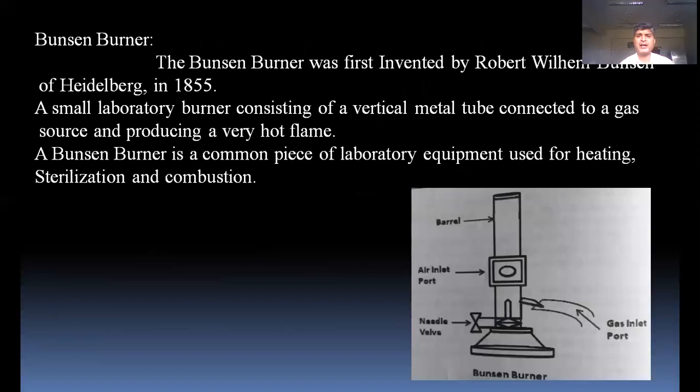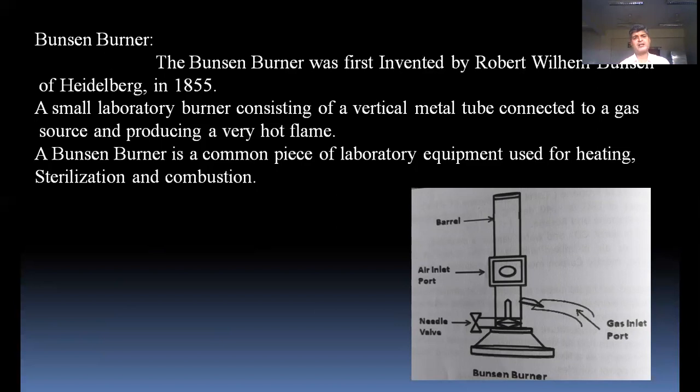Now the next topic is the Bunsen burner. I hope those of you from a science background must have heard of this and used it in chemical labs. The Bunsen burner was first invented by Robert Wilhelm of Heidelberg in 1855.